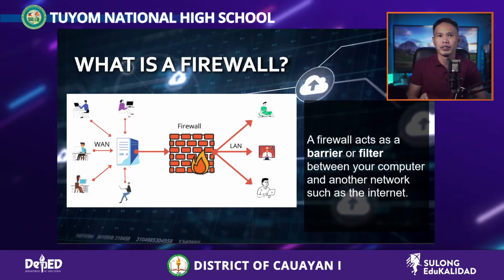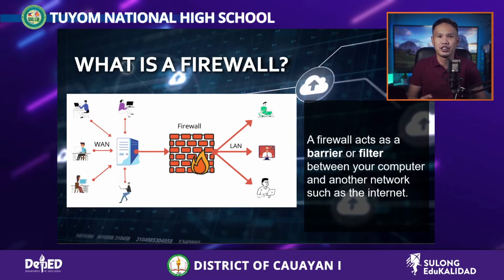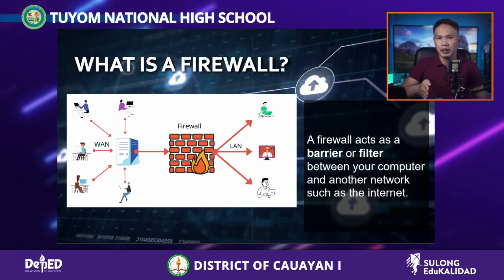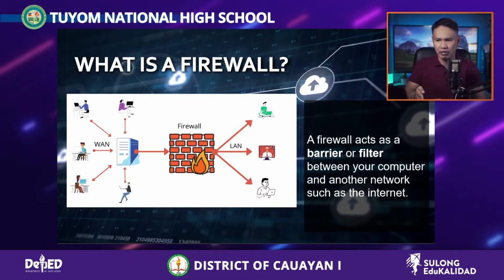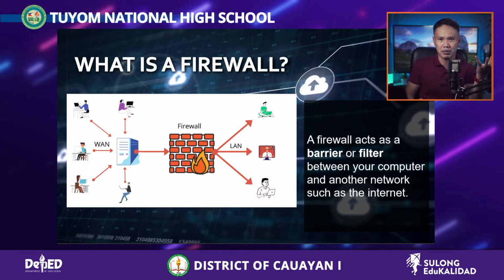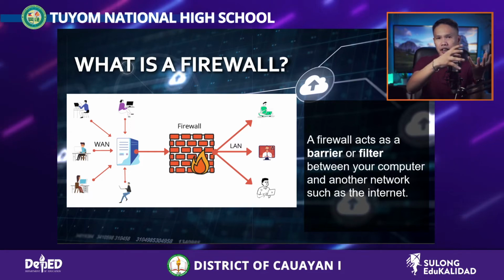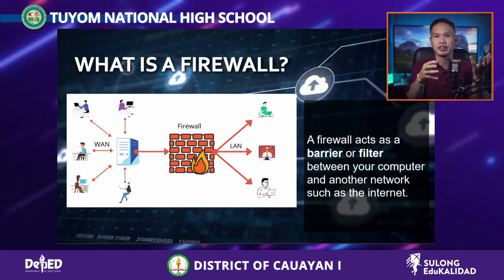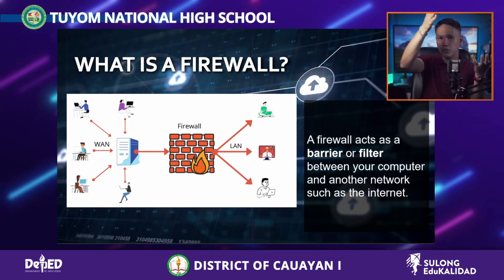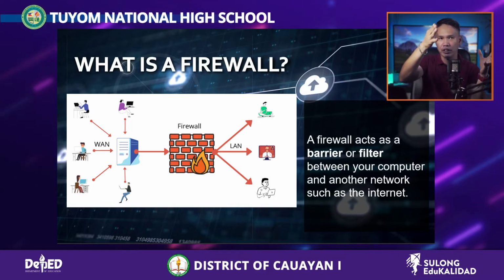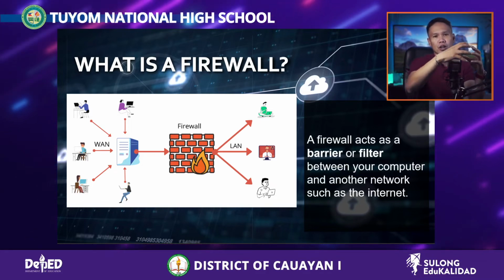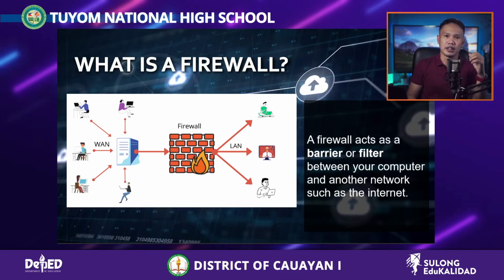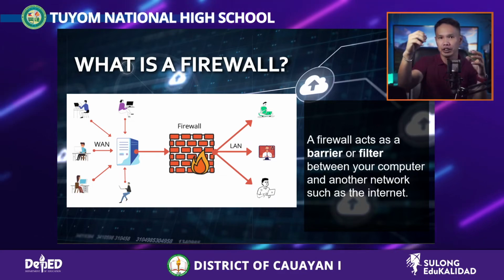So usually, pag nakita ng engineer or architect, they would recommend na may lagyan ng firewall. Bakit kailangan ng firewall? Because kapag nasunog yung isang bahay, hindi agad-agad mag-spread yung fire doon sa kabila because there is a mataas na wall that will prevent the fire to go across doon sa bahay.